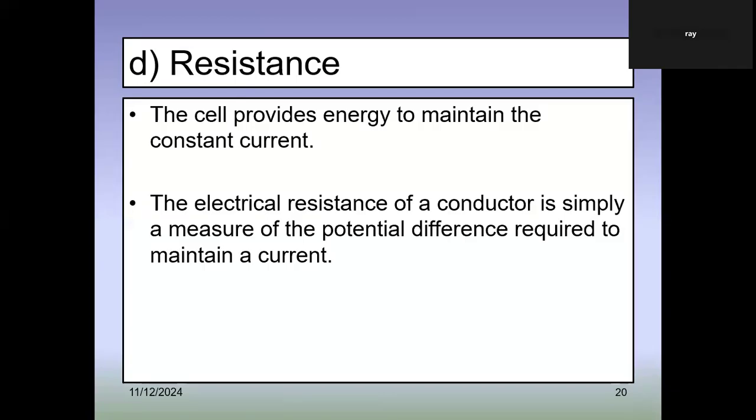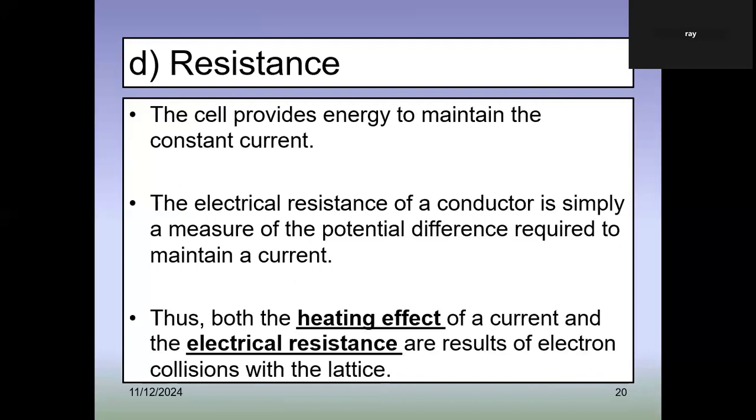Potential difference is the energy added to the moving positive charge to maintain a constant current. Thus, both the heating effect of the current and the electrical resistance are a result of electrons colliding with the lattice. So the heating effect and electrical resistance are due to the collision of electrons with the positive ions.